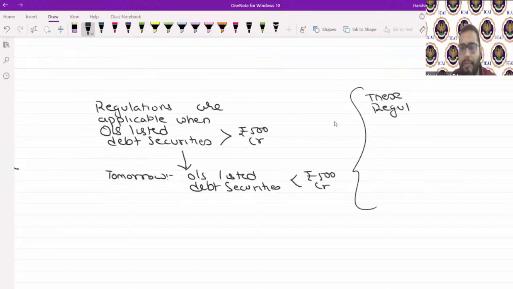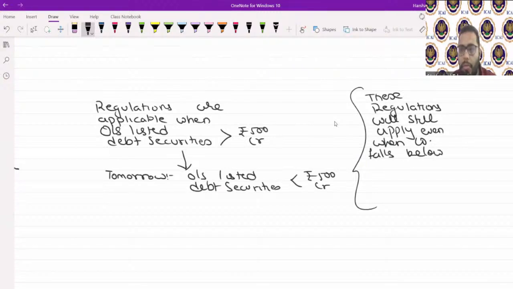These regulations will still apply even when the company falls below the outstanding listed debt security limit.